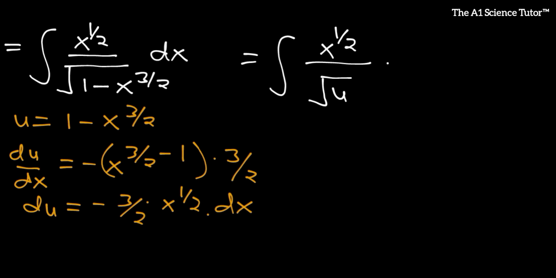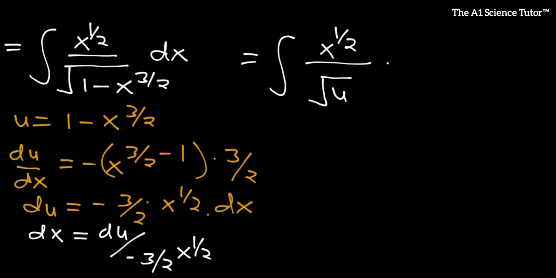So dx is going to be du divided by this stuff. So that is negative 3/2, and you have x raised to the power of 1 over 2, right? So that is what you have right there.